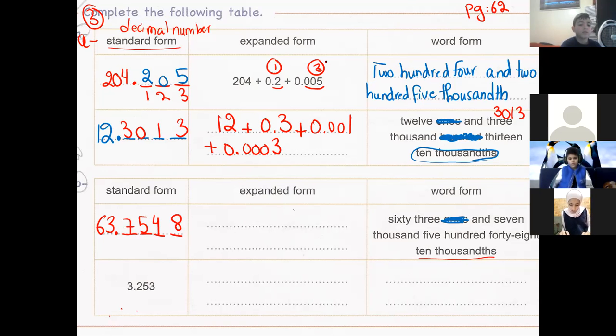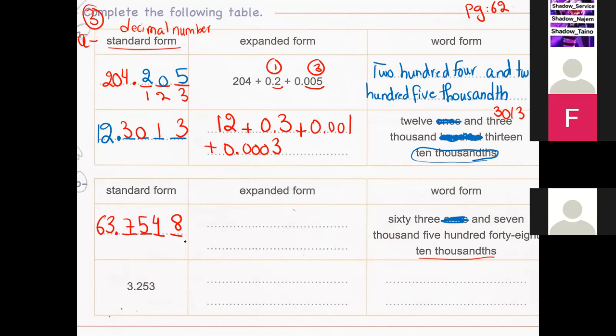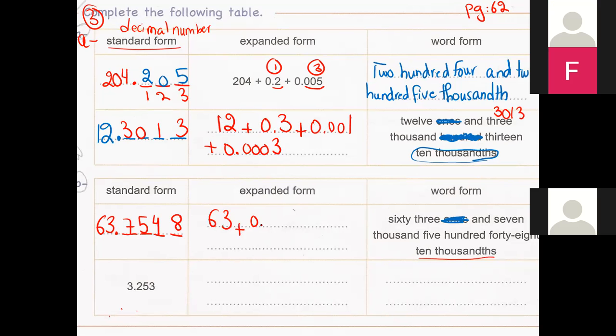Okay, Mahdi Farhat. Yes. Come on Mahdi, the expanded form. 6 plus 0.7 plus 0.05 plus 0.005 excellent, plus 0.00 3 zeros and 8. Bravo Mahdi. Thank you.